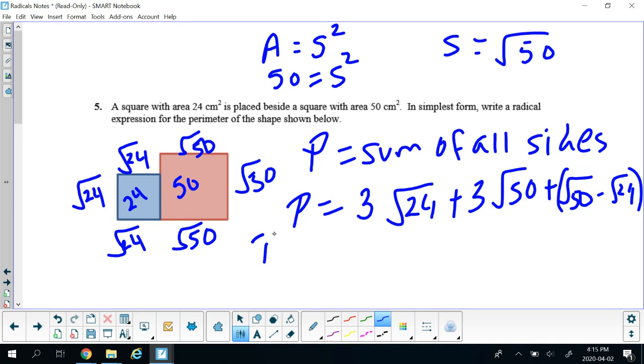Okay. So let's simplify this. So this is 3 square root of 24 and negative 1 square root of 24. It becomes 2 square root of 24. And this is 3 square root of 50 plus 1 square root of 50 becomes 4 square root of 50.